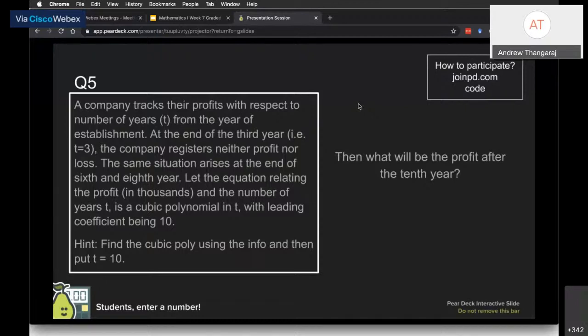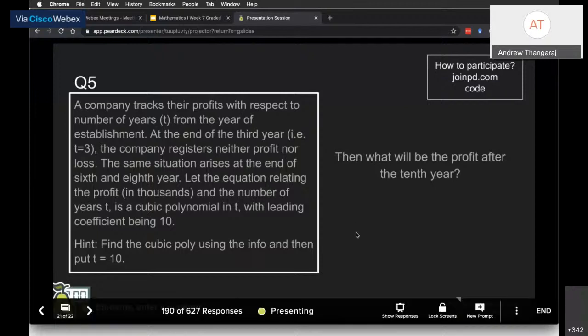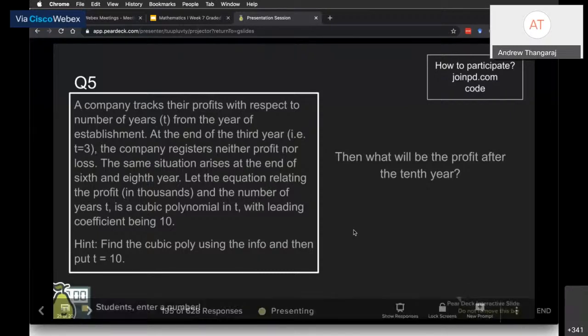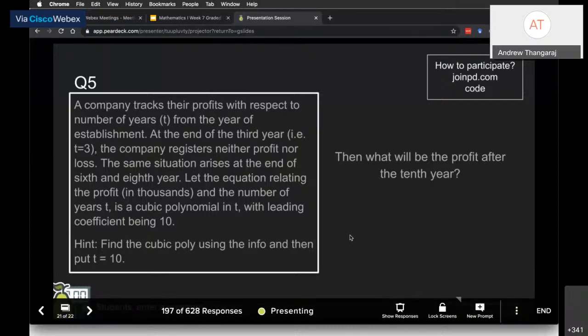Oh, exactly what I asked people not to do. People end up doing it. Enter the answer in joinpd.com. There is a box where you have to put in the answer. Once you're done, you can put it there. That will help me get a sense of how many people are getting the correct answer, how many people are not able to answer, etc.